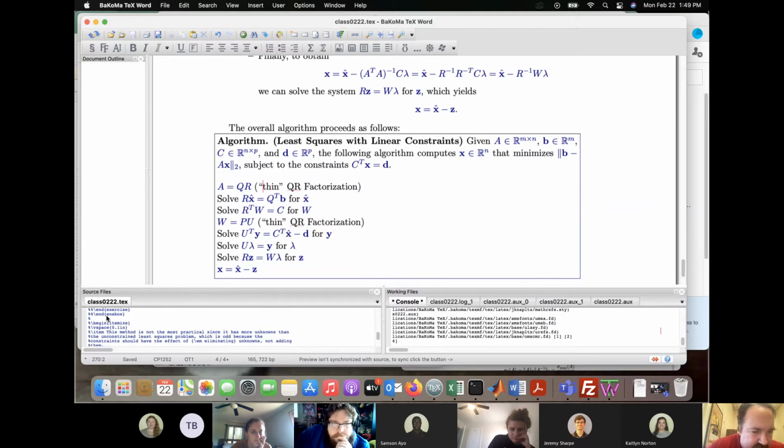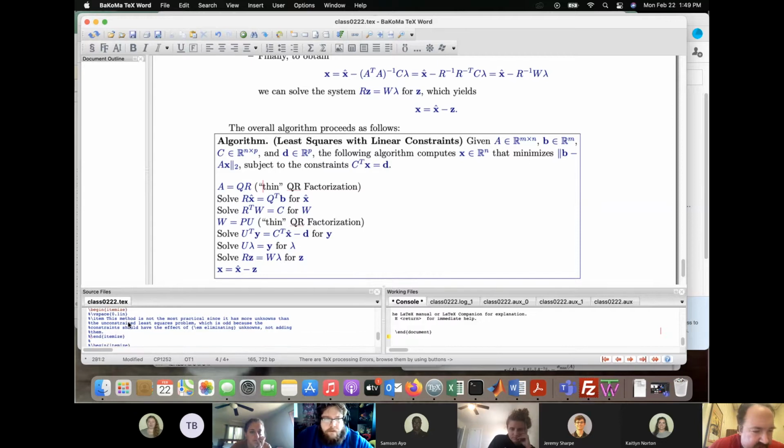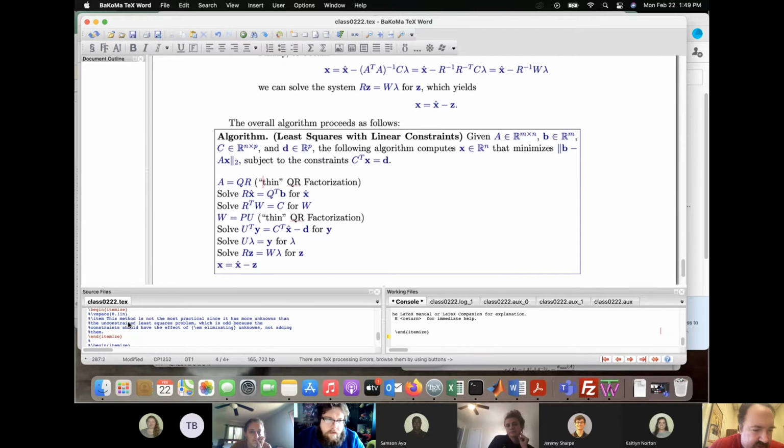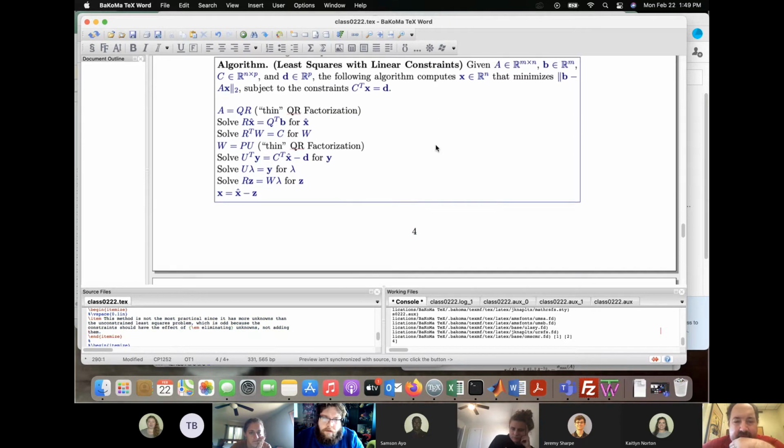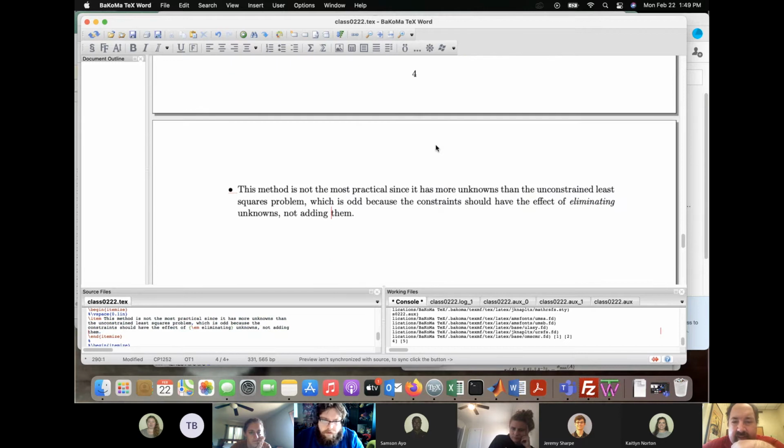Now, I want to point out what's flawed with it, though. It does work, but it's not the best approach. Because by including Lagrange multipliers, you're taking this problem involving Ax equals b, and you're adding variables to it.